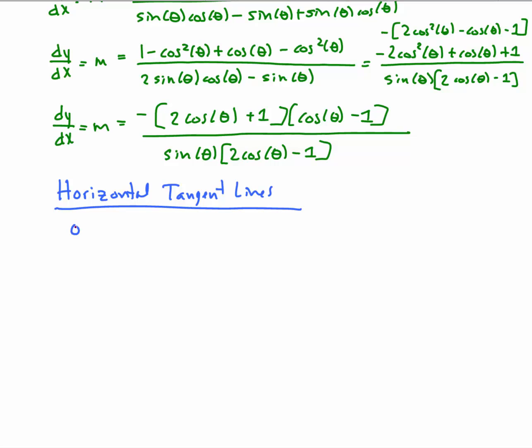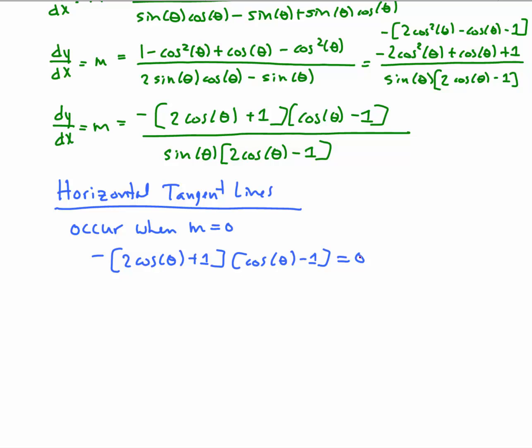Okay, horizontal tangent lines occur when the slope is equal to 0. So basically what I need to do is take my slope and figure out where it's equal to 0. So I will be good if the numerator equals 0.